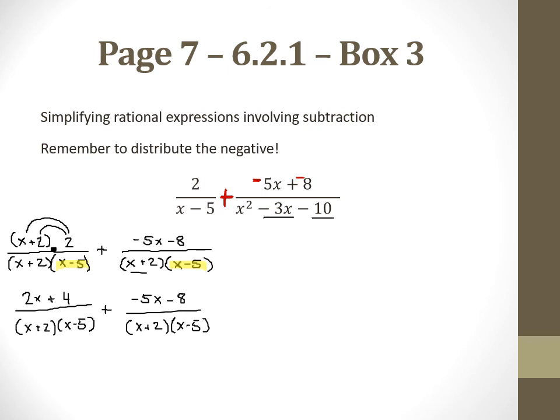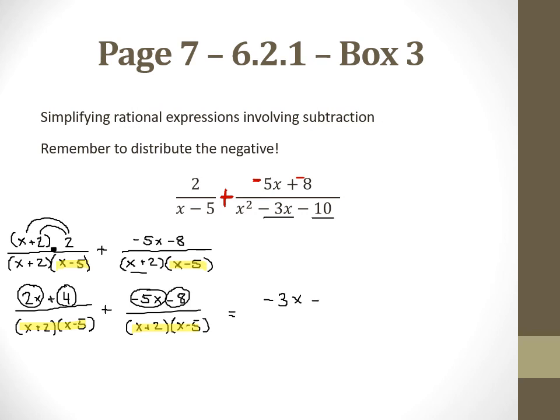And now that we have common denominators, we can simply add across the tops, combining any like terms that we can. Here I have a positive 2x and a negative 5x. So those are like terms. 2 minus 5 leaves me with negative 3x. And then I've got here a 4 and a negative 8.